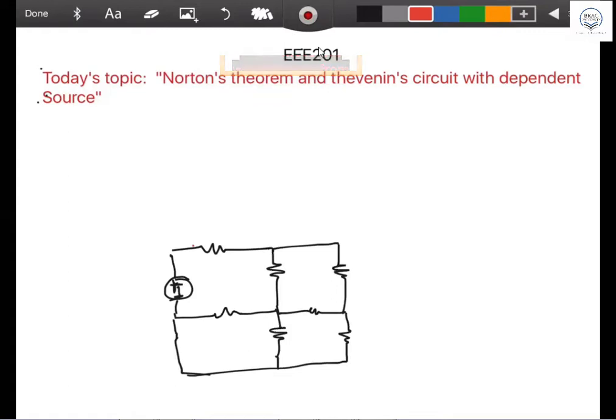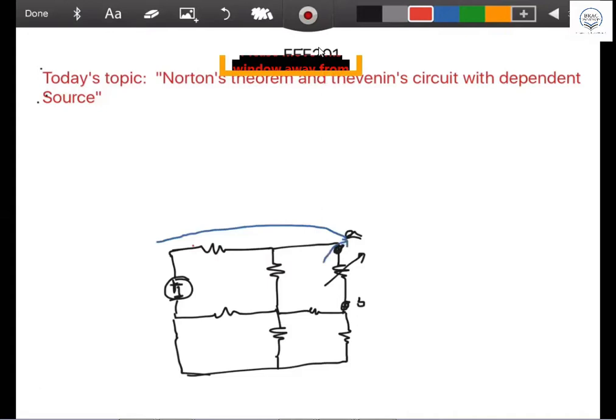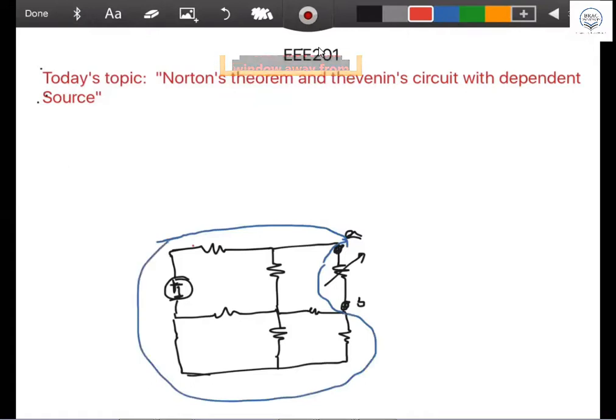I told you last class that if this is A and this is B point, and this is our load resistor, you are going to modify. So what Mr. Thevenin did is, the blue circuit, the complex circuit, he had tried to simplify it into a simple circuit.